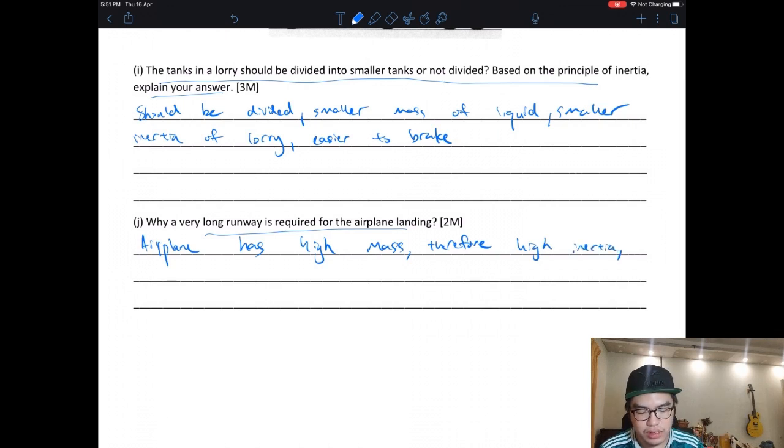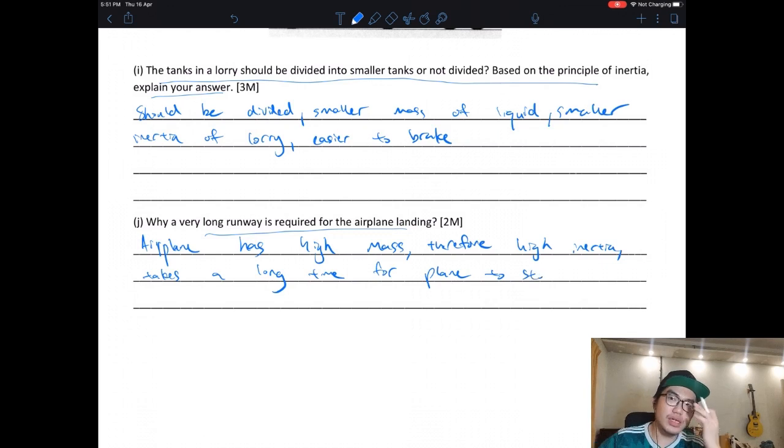So it takes a long time for the plane to stop. That's why the runway is very long. It's not easy to fly a plane. That's why the inertia is very big, especially big planes like the Airbus A380. That's the biggest plane on Earth.